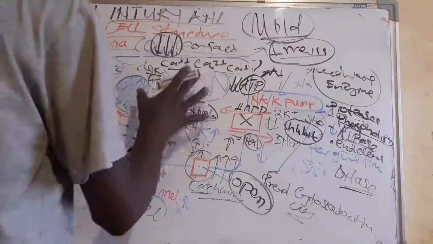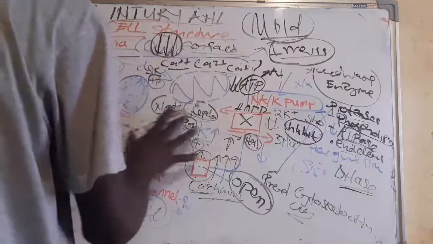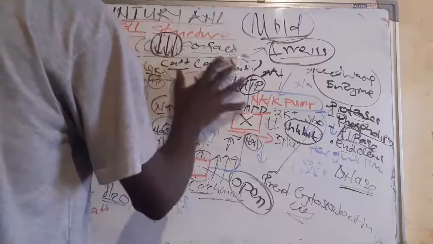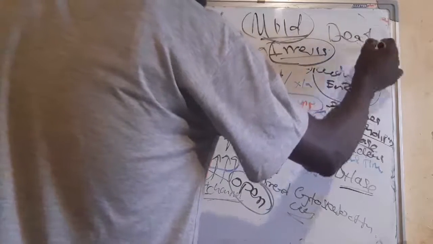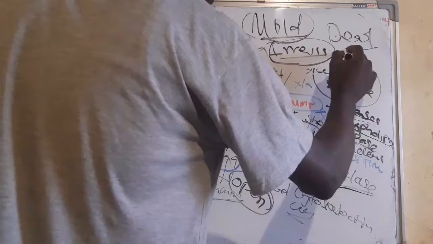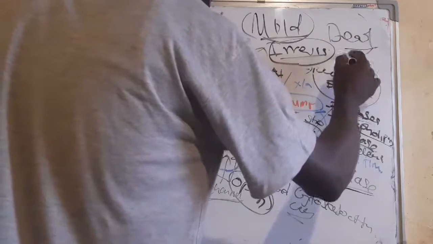And this irreversible cell injury, since there is too much damage to the cell components, this is a death. With this type of death, it's a necrosis.